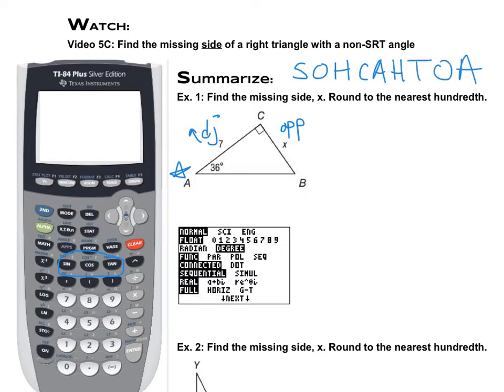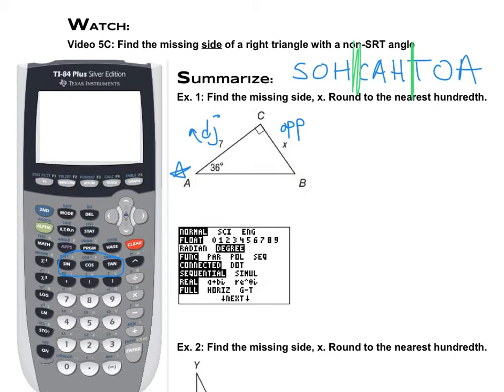And remember, we chunk that in our brains in 3 letters at a time. So I'm going to ask myself, with this particular picture, which 2 of opposite, adjacent, and hypotenuse are being used? Well, you can see opposite and adjacent is in the TOA part of SOHCAHTOA, okay?